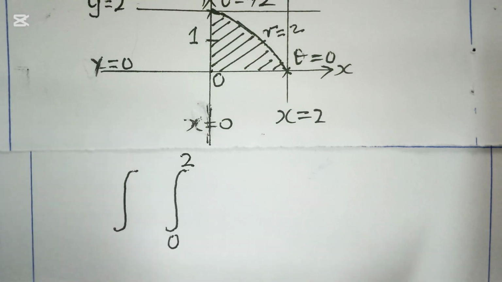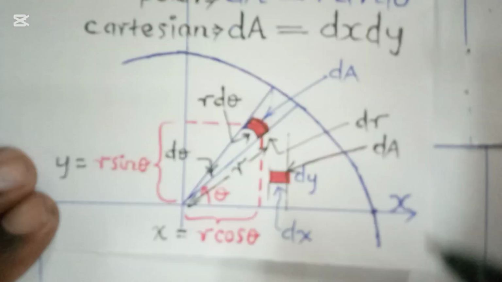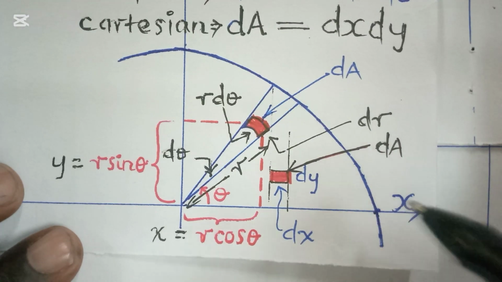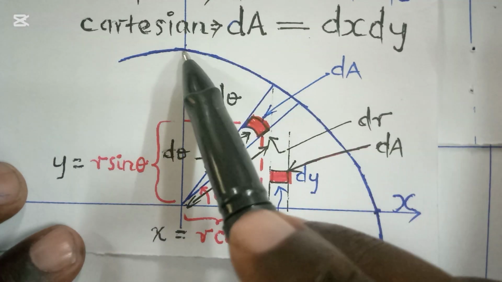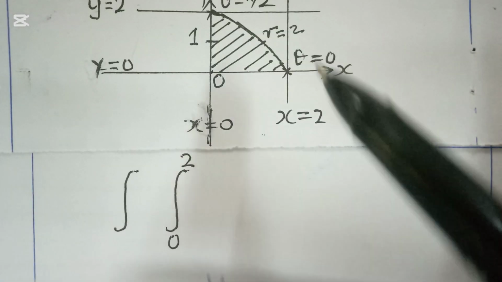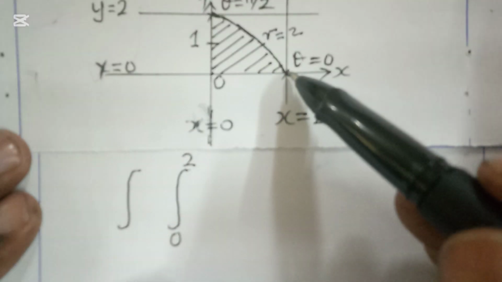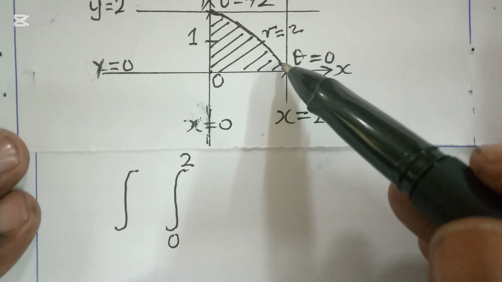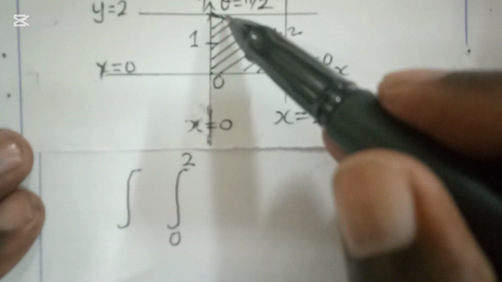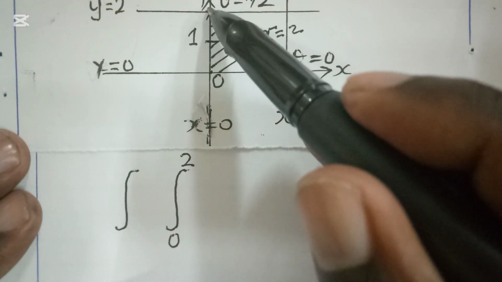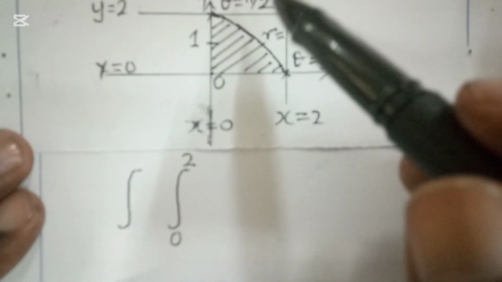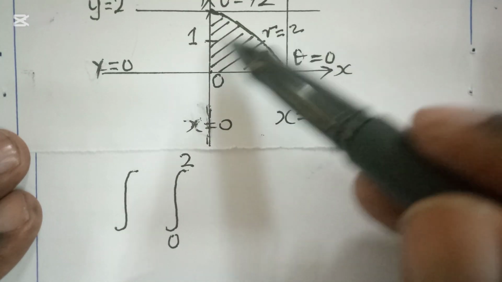And then our element should run now from this point, that is at 0 degrees, up to this point, which is pi over 2. That is along the circumference. Along that circumference, the strip is going to run until it comes here. And remember, guys, this is the domain.